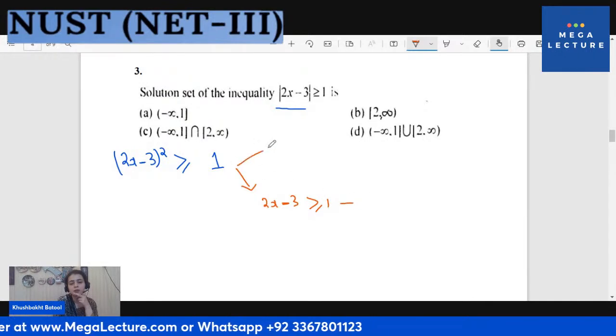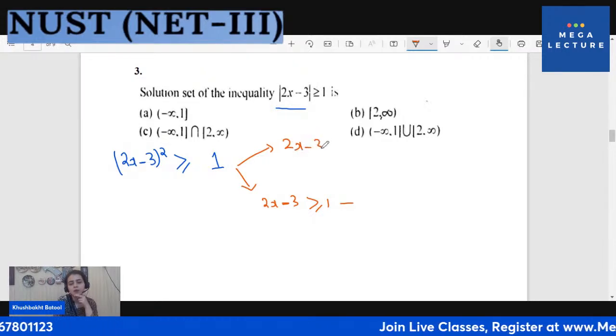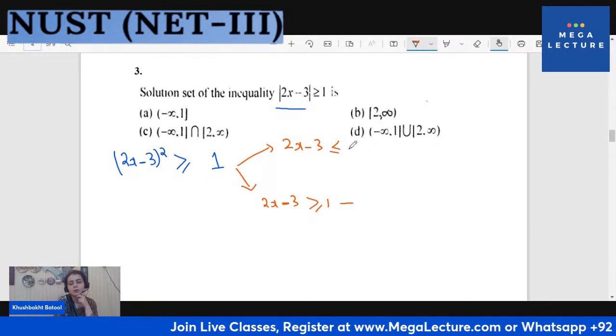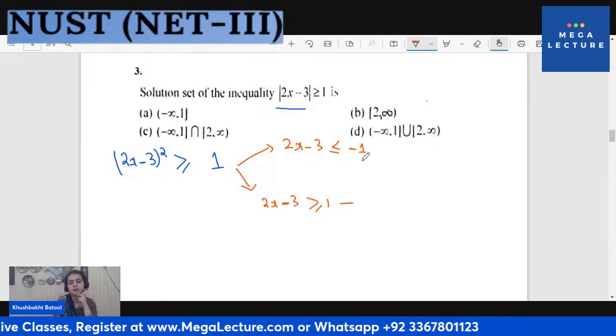This can be your first one, and the other one would be 2x minus 3 less than or equal to minus 1.